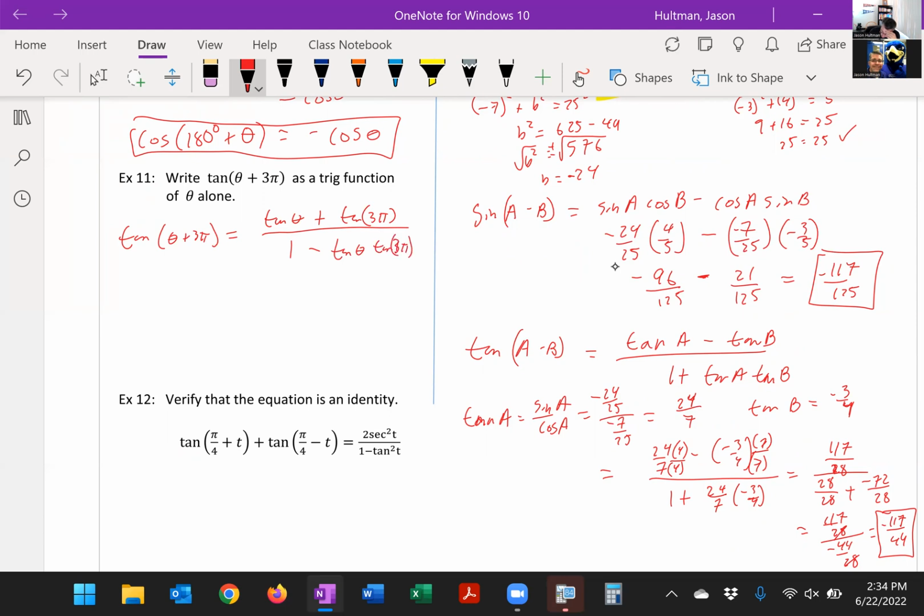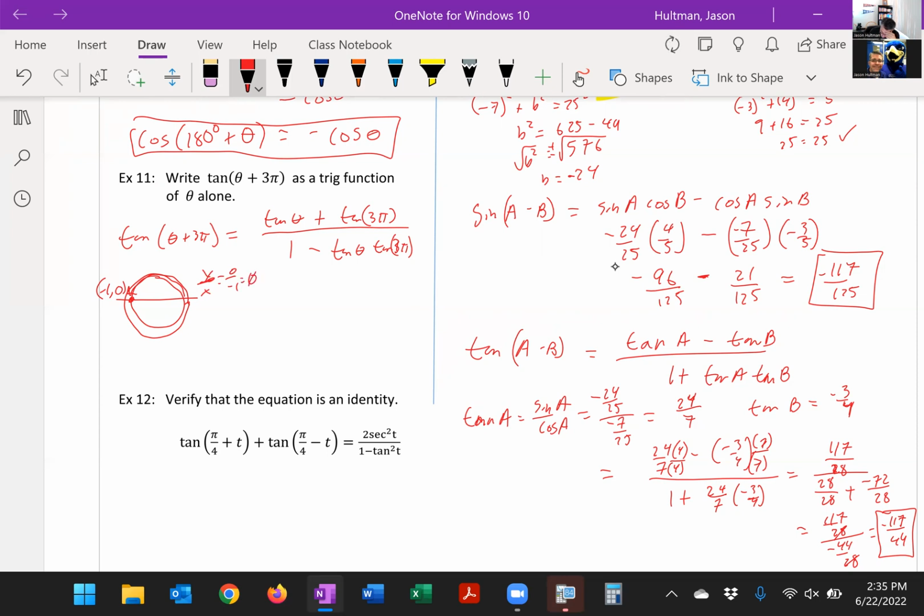Let's think about this for a second. The tangent of 3 pi is the same as the tangent of pi. And where's pi located? Negative 1, 0, right? So if I go all the way around the circle once, that's 2 pi. And then I go halfway again, that's 3 pi. If I take y over x, that's tangent, which is 0 over negative 1, which is 0.